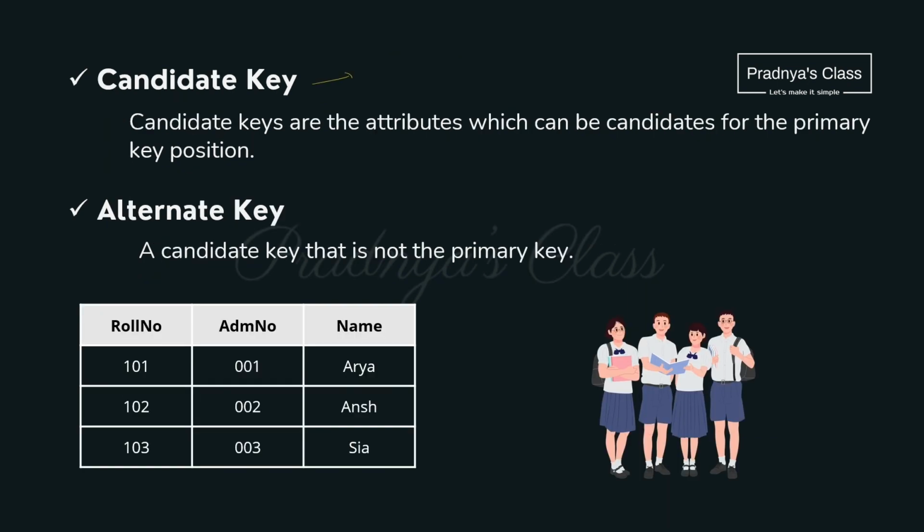The second important key is candidate key. Candidate key is also a column of the table which can be a primary key. In this table, roll number and admission number can be a primary key. That's why both are candidate keys. Now what about this alternate key? We understood what is candidate key.